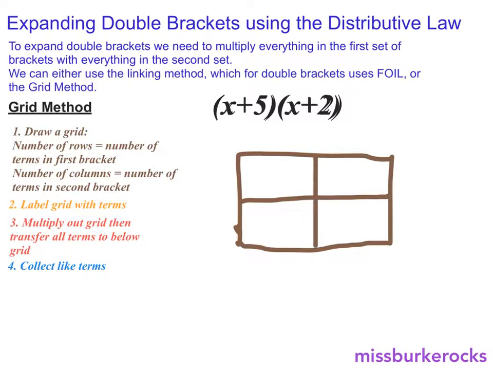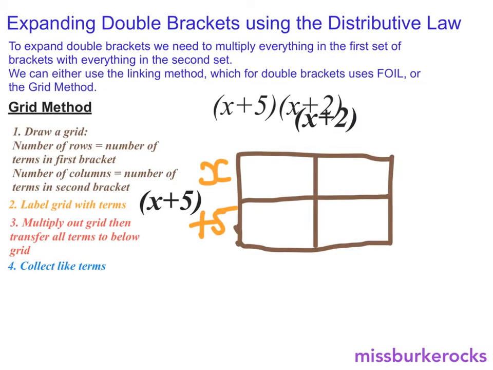Now I need to label them, which means over here I'm going to have my x and my plus 5. And at the top, I'm going to have my x plus 2. So therefore, I've got x here and positive 2.